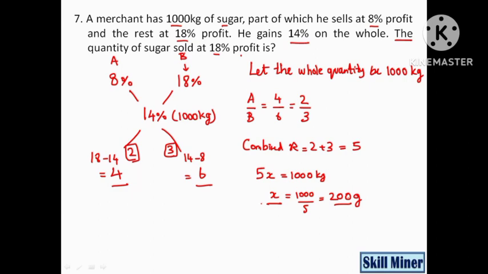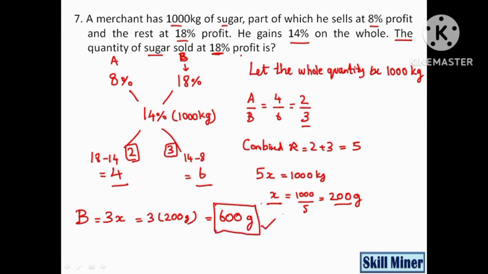In the question they are asking the quantity of sugar sold at 18% profit. That is B quantity. We know that B is equal to 3 of x, which is 3 into 200 gram, giving me the value 600 gram. So 600 grams of sugar he is selling at 18% profit.